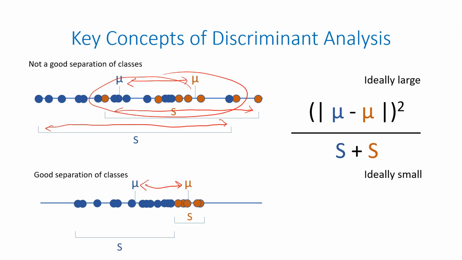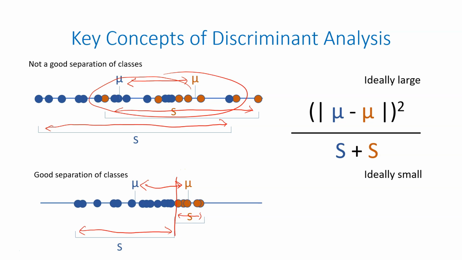But the scatters of the classes are also much smaller. Can you now easily separate the two classes on this dimension? Well, obviously yes. You can separate the two classes perfectly in this case.